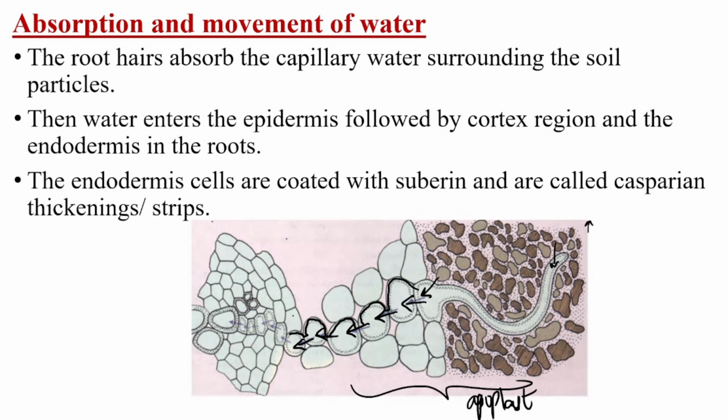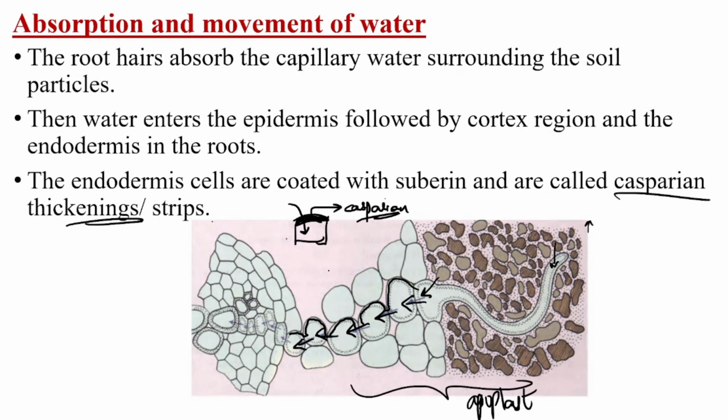But in the endodermis, you can see the endodermal cells are usually coated with suberin, which does not allow water to pass through it. So these thickenings are called Casparian thickenings or Casparian strips, where the endodermal cells are coated with suberin. Then, can the water enter through the suberin material which is not allowing water molecules?